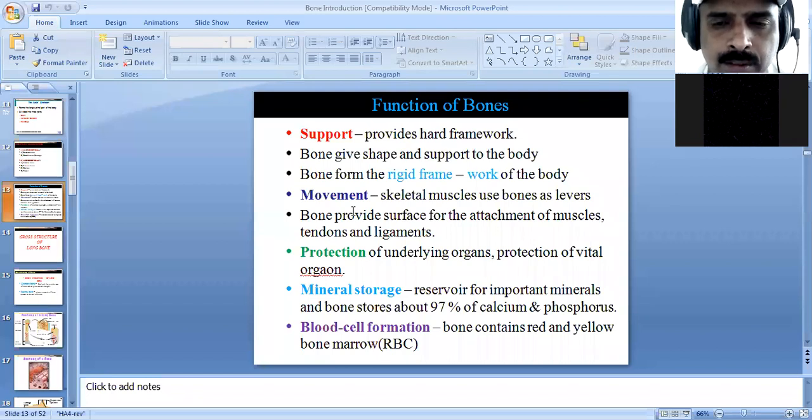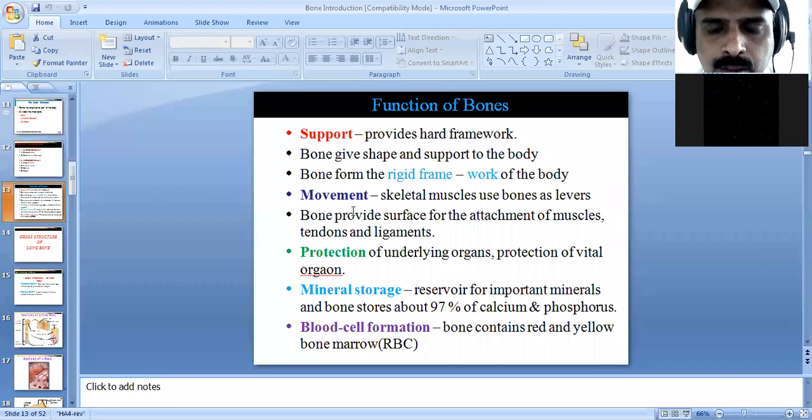Very important. Almost all these skeletal muscles are attached to the bone, and those muscles attached to bones we call skeletal muscles. Another most important function is protection of underlying organs, the vital organs. Vital means without them we cannot survive.